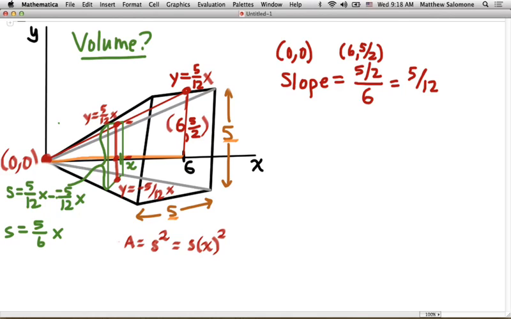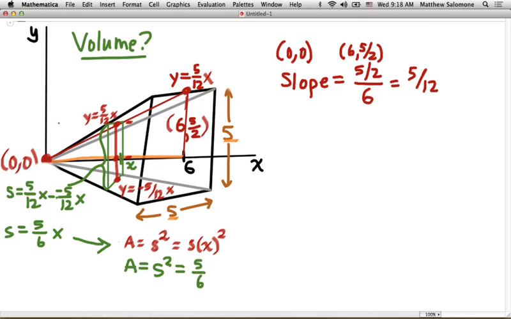There we go. So one side of this square cross-section measures 5/6 x units, if you like. And now that we know how long one of the sides is, we can find the area of this particular slice. It's just that side squared.